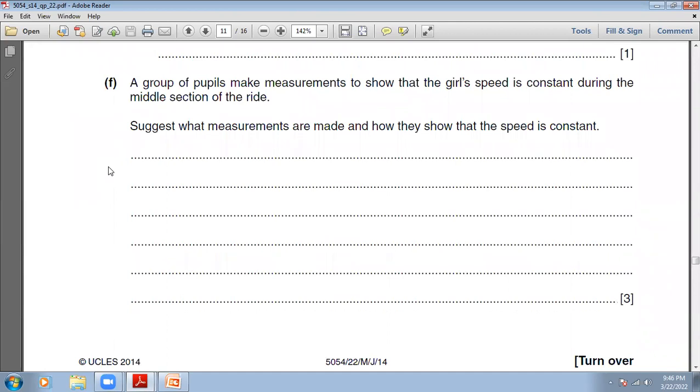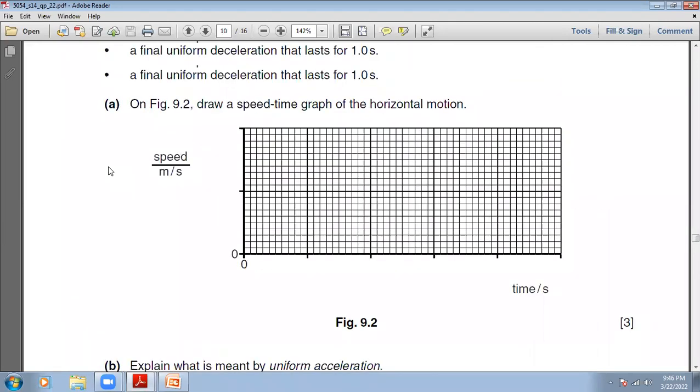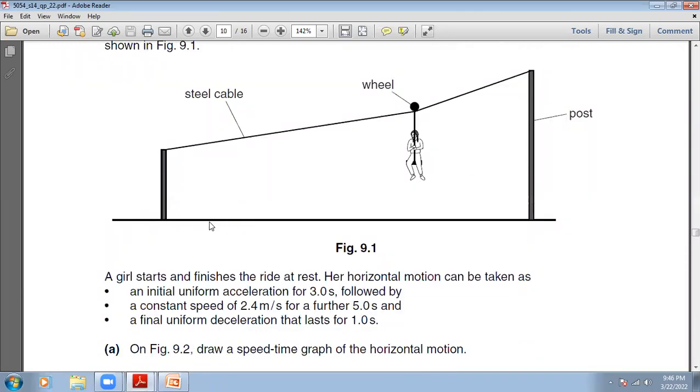A group of people make measurements to show that the girl's speed is constant during the middle section of the ride. Suggest what measurements are made and how they show that the speed is constant. What you can do is, on the ground, you put additional marks, and you put them at equal distance.